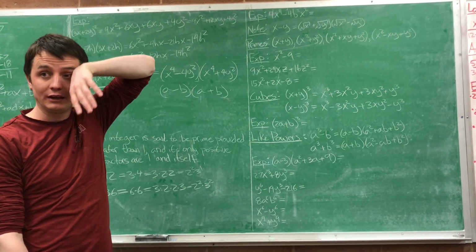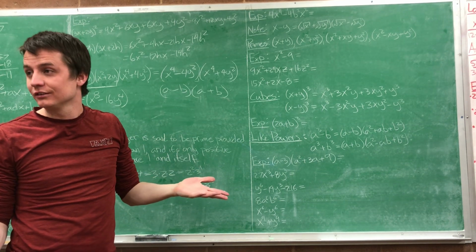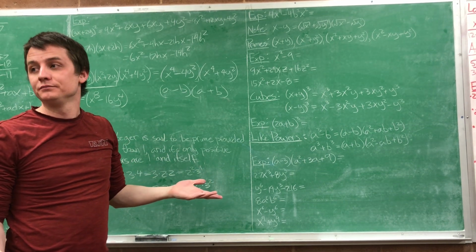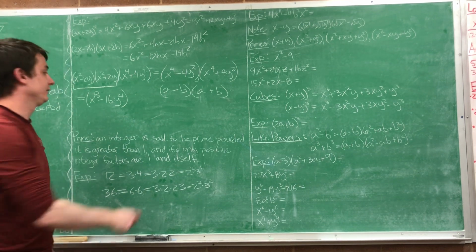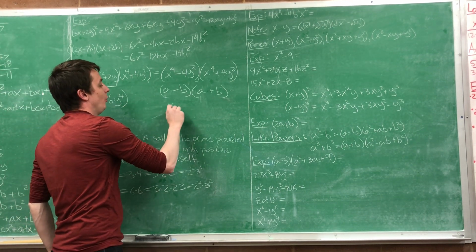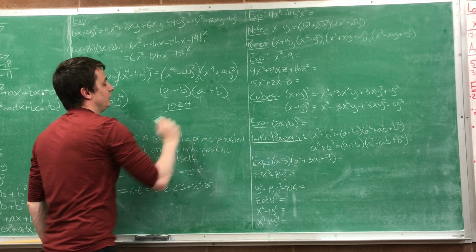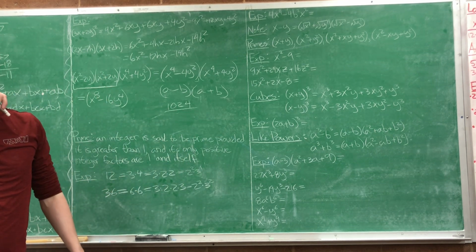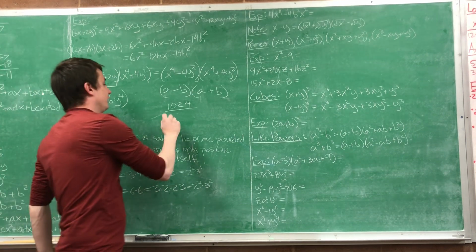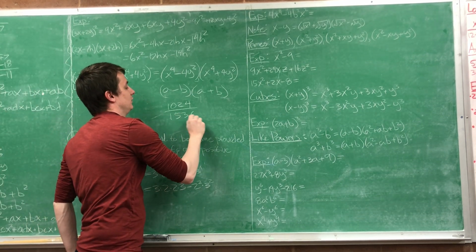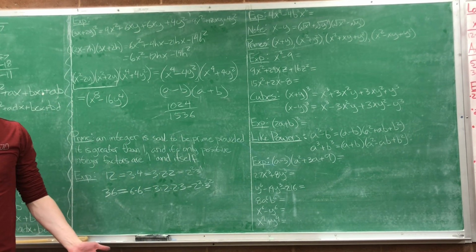Because this is often how you reduce massive fractions. Let me give you an example. Let's say that I had 1024 divided by 1536, and I want to reduce that.